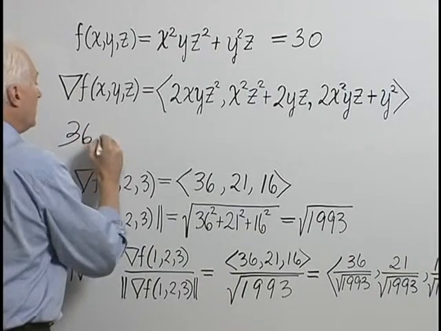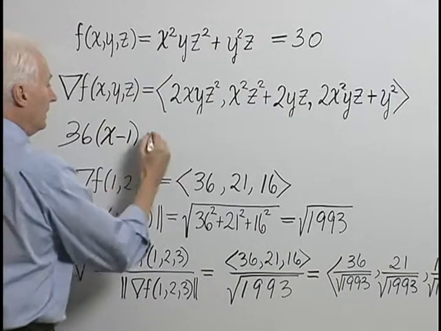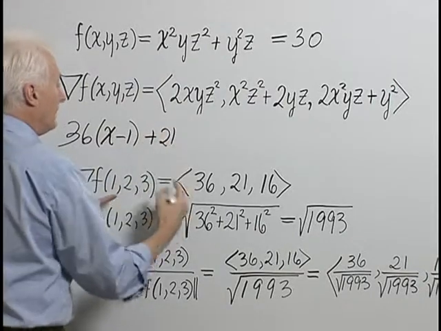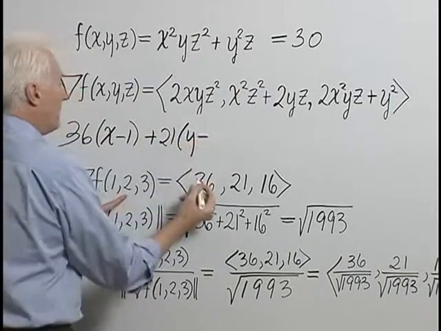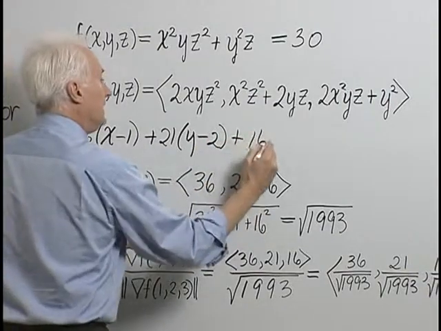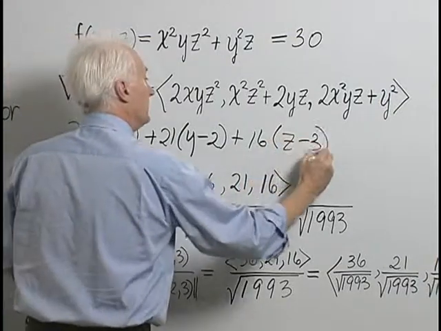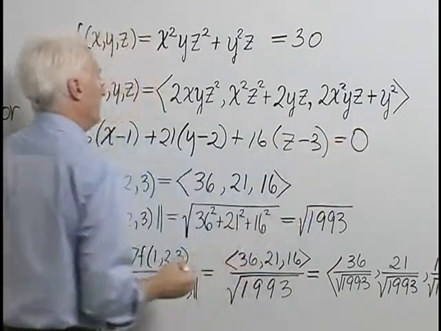So I just write 36 times (x minus 1) plus 21 times (y minus 2) plus 16 times (z minus 3) equals 0.